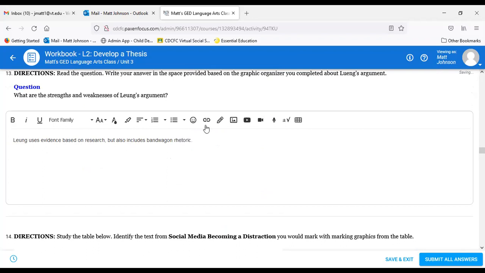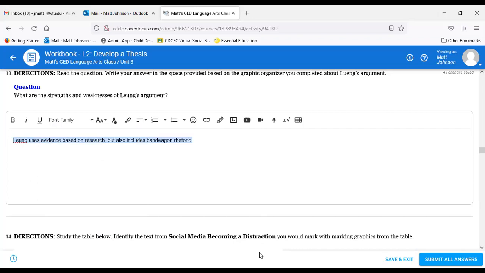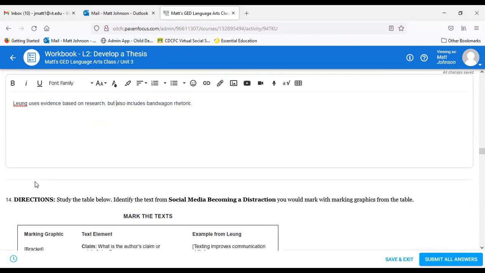Okay. Copy and paste. Okay. And there are other things we can point out, but these are some of the more obvious ones. So let's go to 14, see what we have.